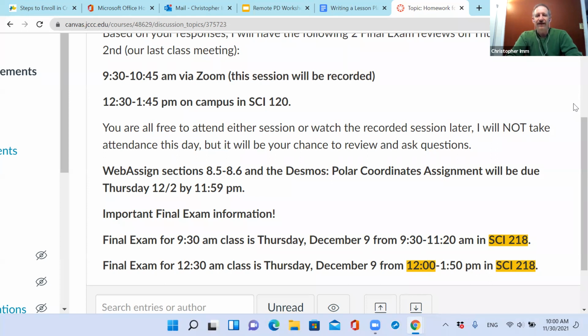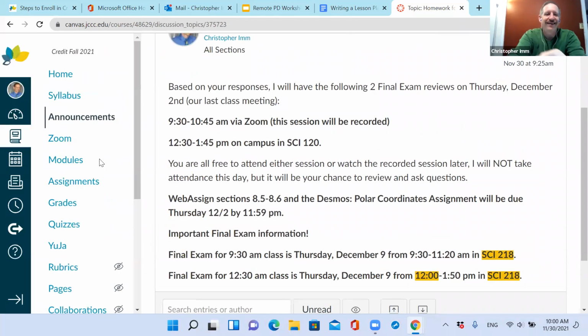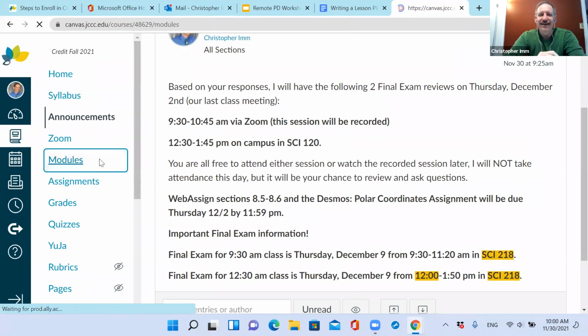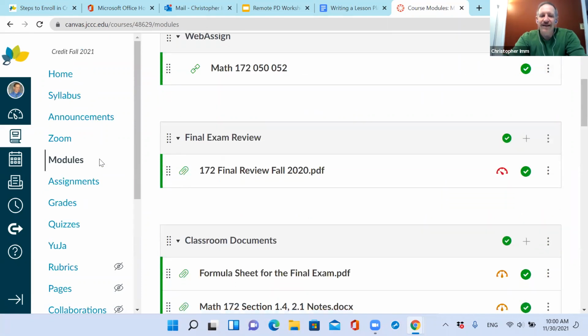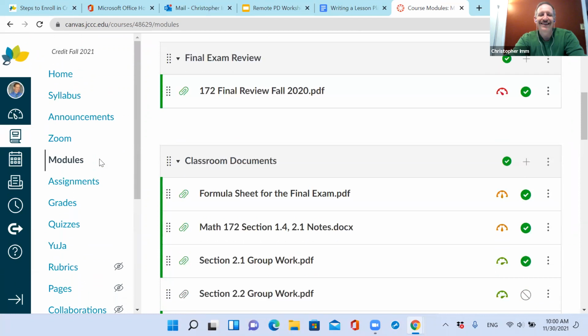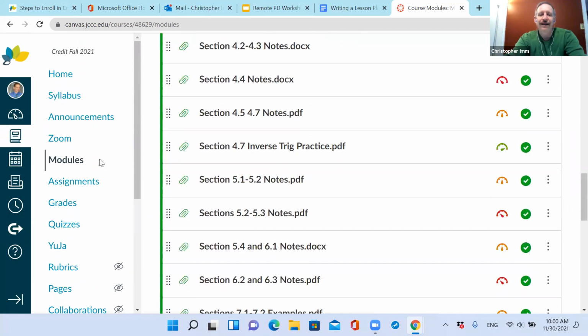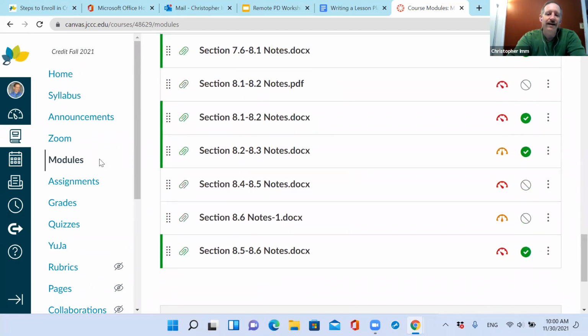All right. Okay. So now I'm going to try to open up that document again, and hopefully I won't be marking on it. Let me see if I can do that. Okay, so in modules, you can sort of see, hopefully, there's the final exam review. And we are looking at 8.5 and 6. Okay, so I'm going to pop that out, maybe. Come on, there we go.